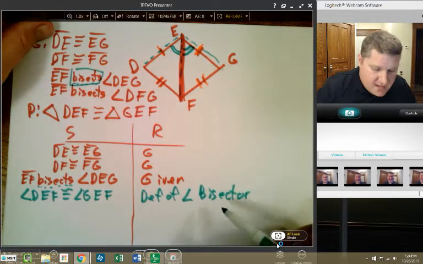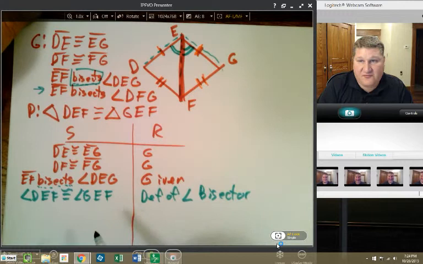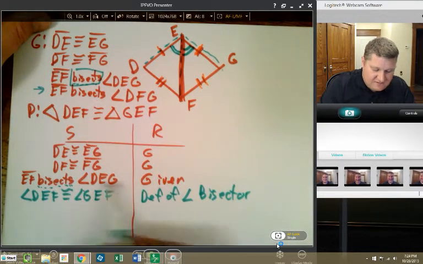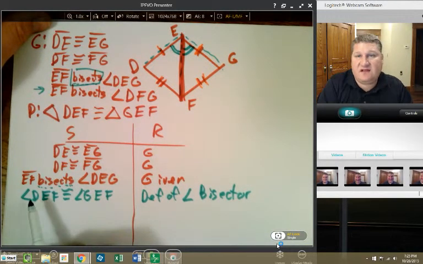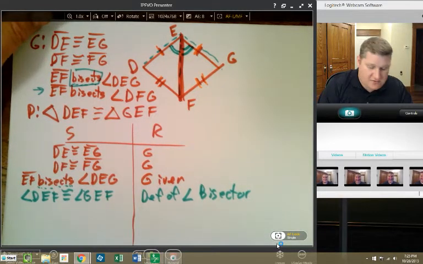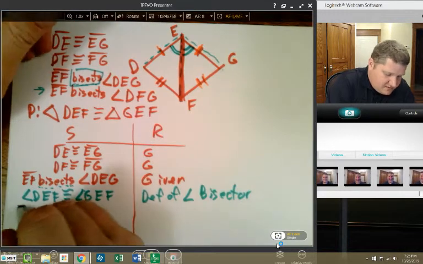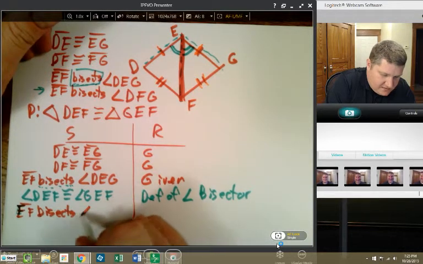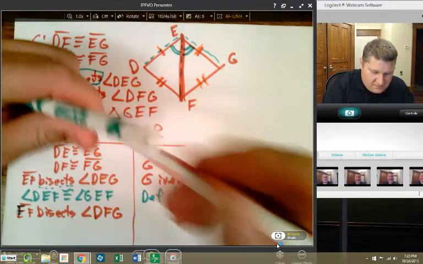Now, you'll notice I haven't used one of my givens yet because my personal preference, you don't have to do it this way, is that as you use the givens, tell what the givens mean. So if I say something bisects something else, the next statement should be that two things are equal to each other. So now, EF bisects angle DFG, well, that's given.